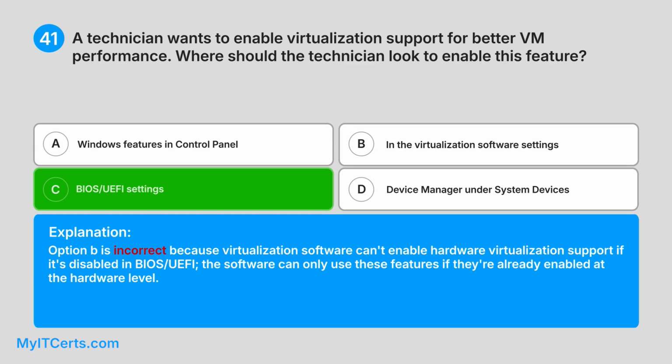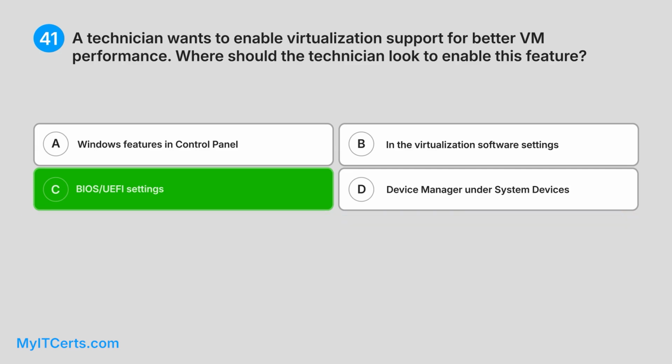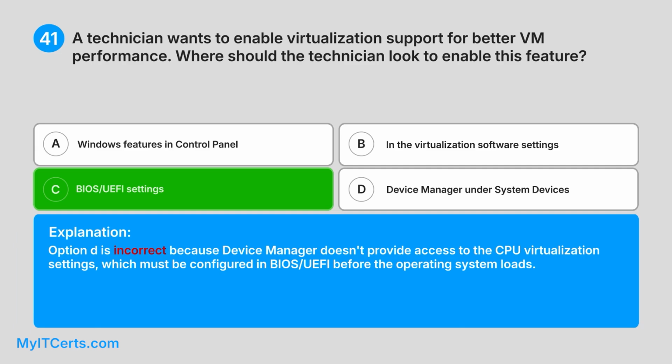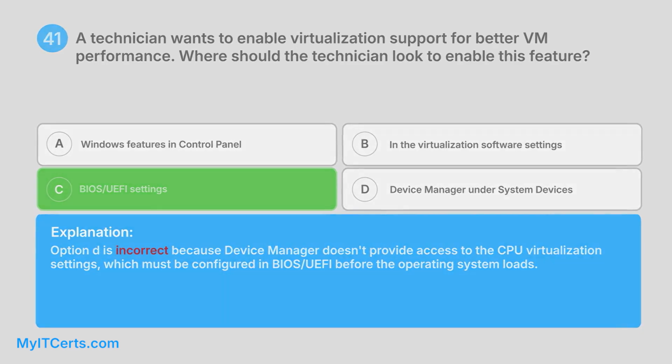The software can only use these features if they're already enabled at the hardware level. Option D, Device Manager under System Devices, is incorrect because Device Manager doesn't provide access to the CPU virtualization settings, which must be configured in BIOS UEFI before the operating system loads.